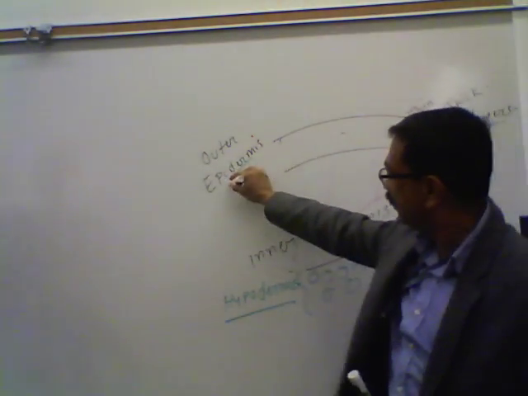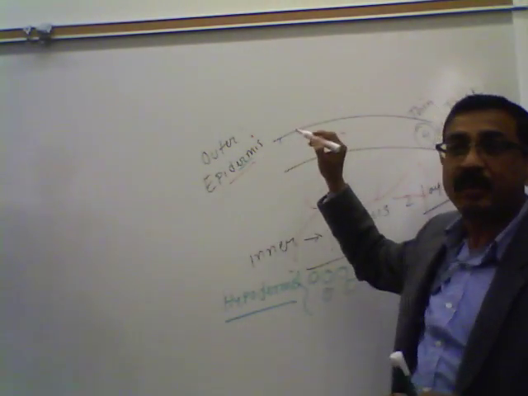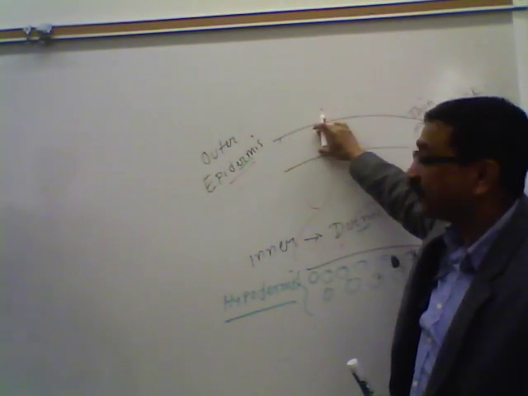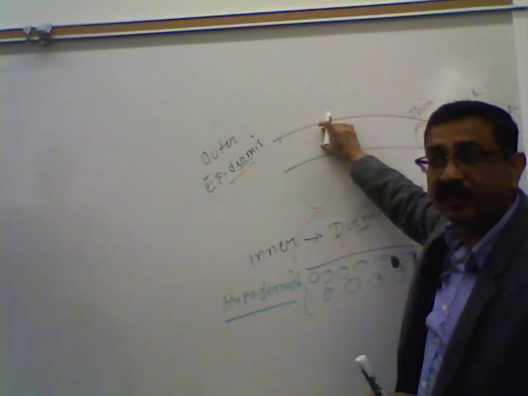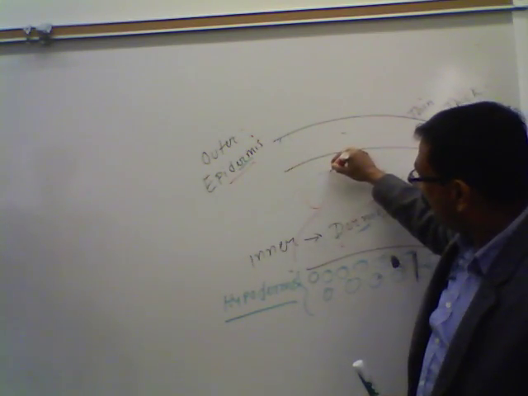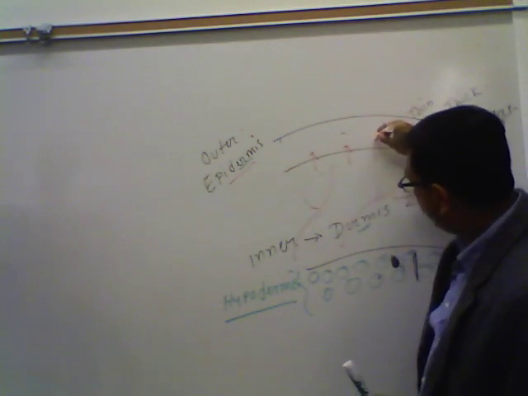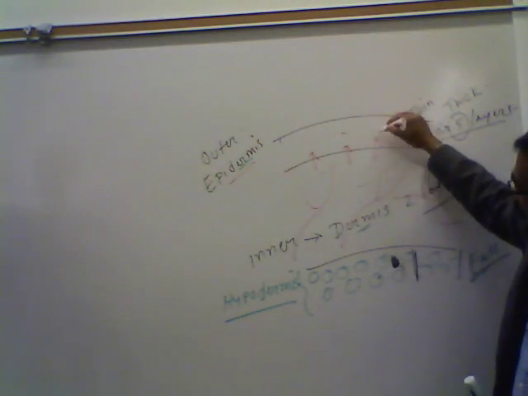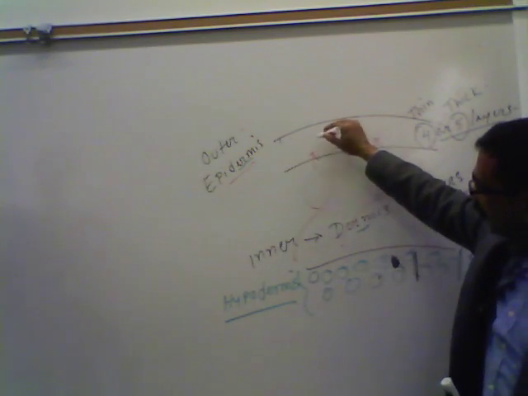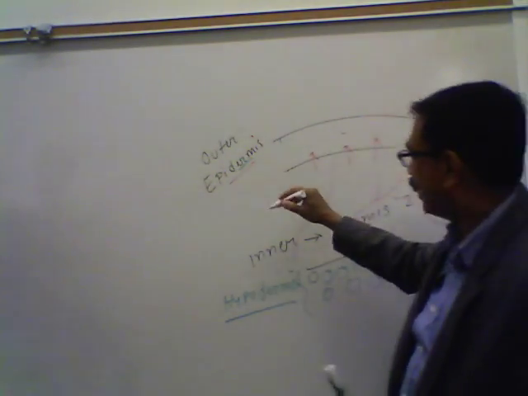Here in the epidermis, you have no blood vessels. Now the question is, then how does the epidermis get nutrition and oxygen? From the underlying dermis by diffusion. From the dermis by diffusion, nutrition and oxygen enter into the epidermis. Okay.